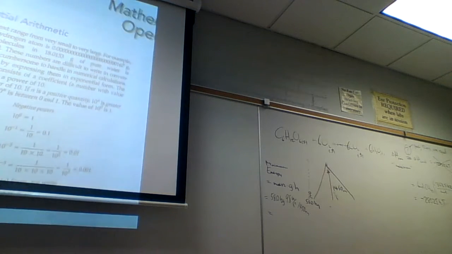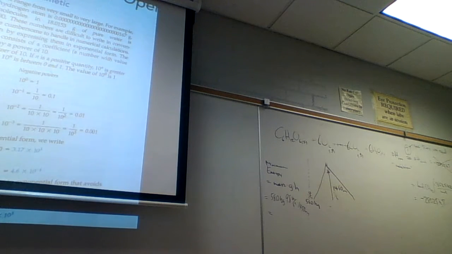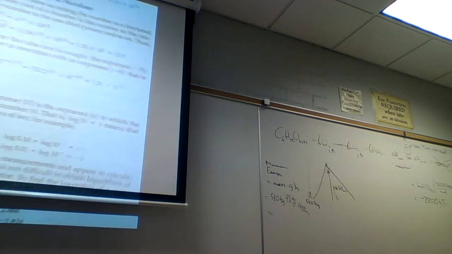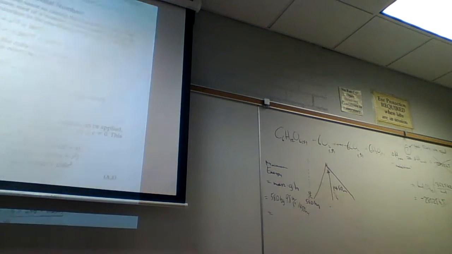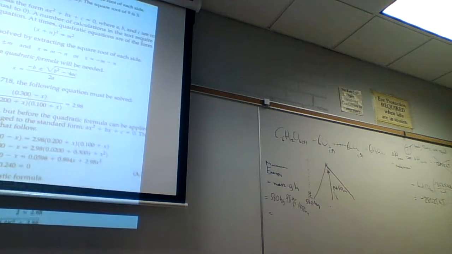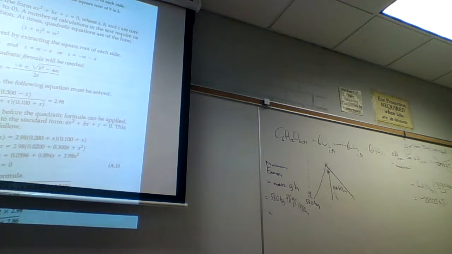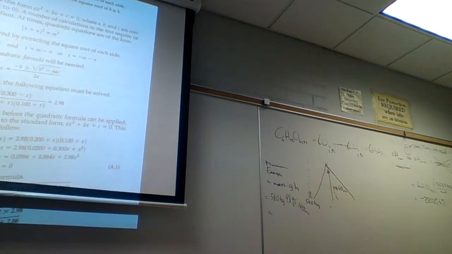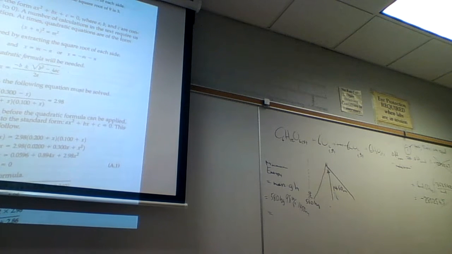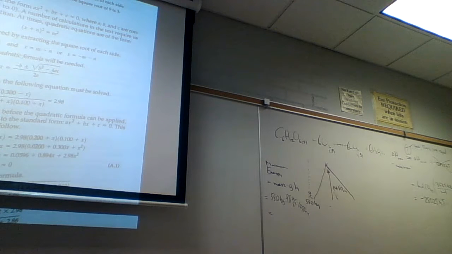We have something called Appendix A, which is a math review. So this is a good place to go to brush up on logarithms, algebraic operations here. It's a quadratic equation. In Chem 1B, we use the quadratic equation quite a lot, and so this is useful to have.